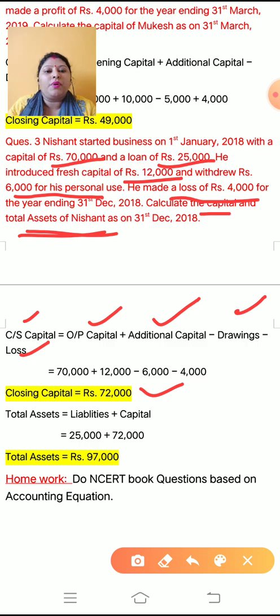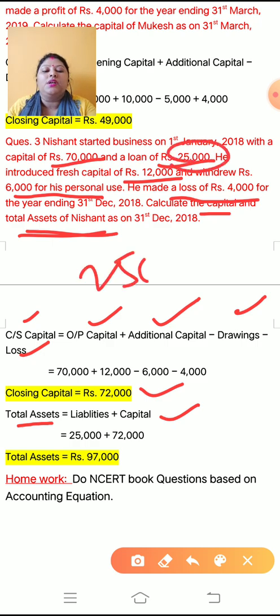Now what is the formula? What is the accounting equation? Asset is equal to liability plus capital. Total asset is equal to total liability plus capital. Now total asset we have to find out, and liability, here loan amount is given 25,000. This is the loan amount and loan is a liability.